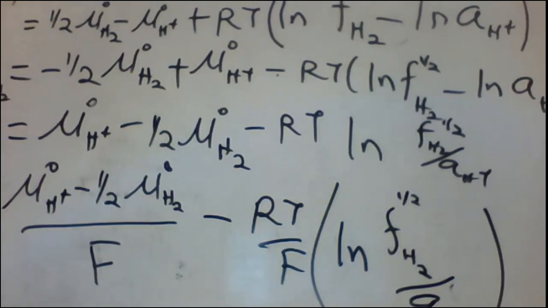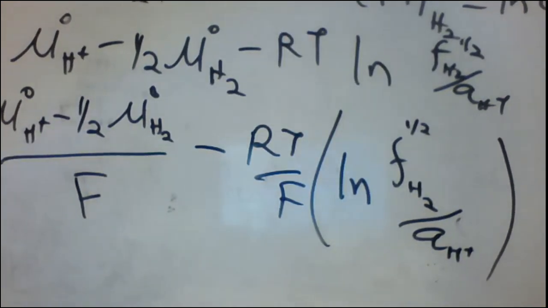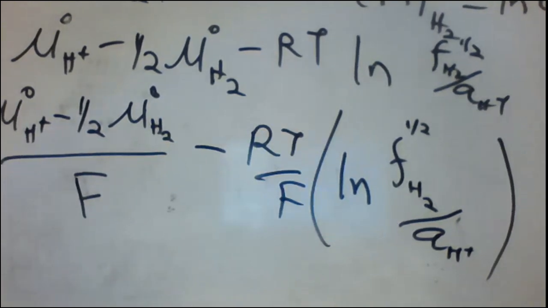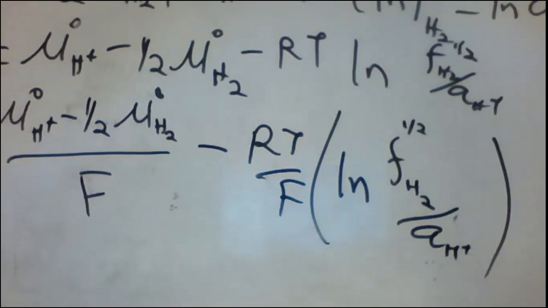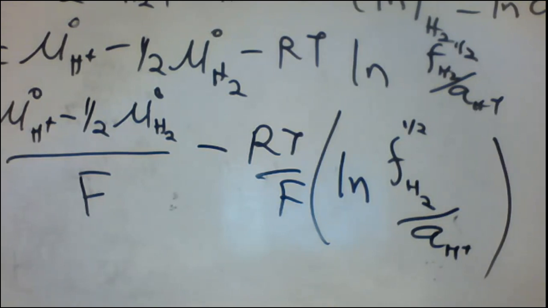And the activity of the hydrogen ion, which is AH plus here, I hope you can see it. The activity here of the AH plus will be 1 for standard states. So if you are looking at the standard state of the hydrogen electrode, your fugacity is 1, activity of the hydrogen ion is 1, then the potential is in standard state.